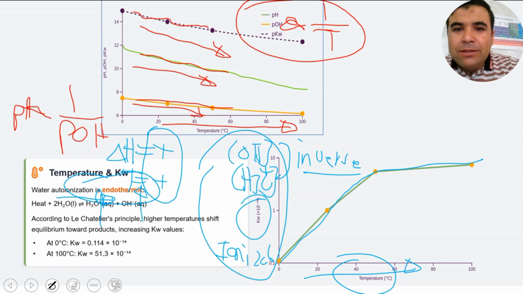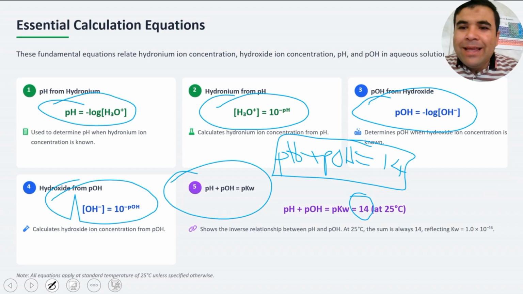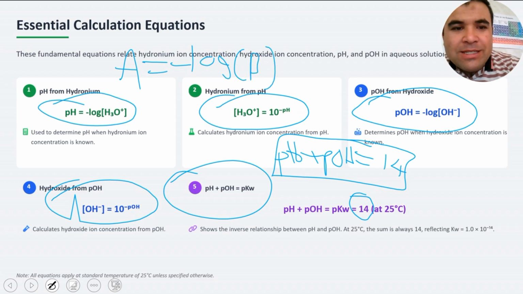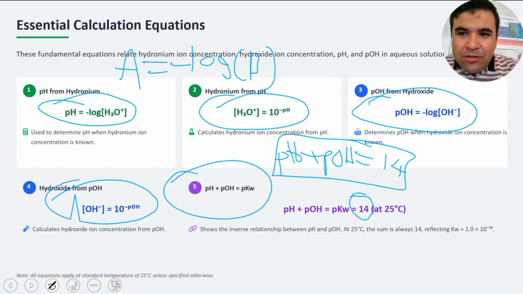And we should know that whenever something equals the negative logarithm of the other, they are changing inversely proportional, guys. For example, A equals negative log of B, that means A and B are changing inversely proportional. So we can state another direction between hydronium and pH.